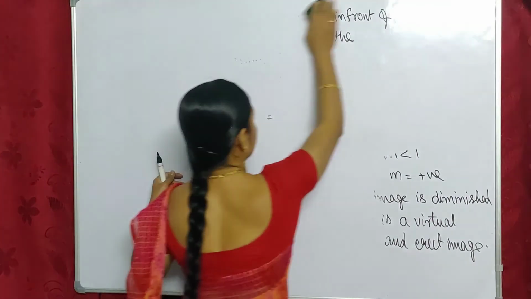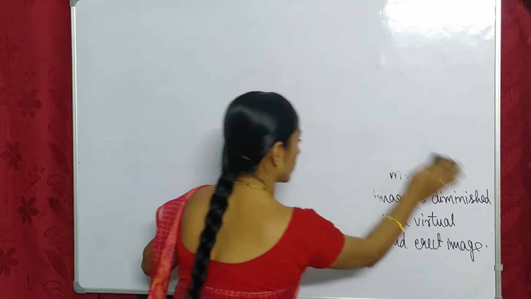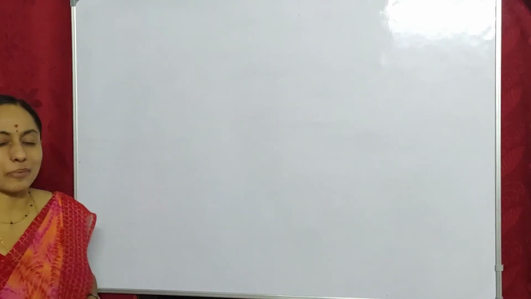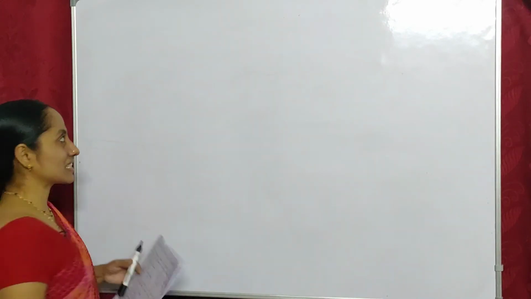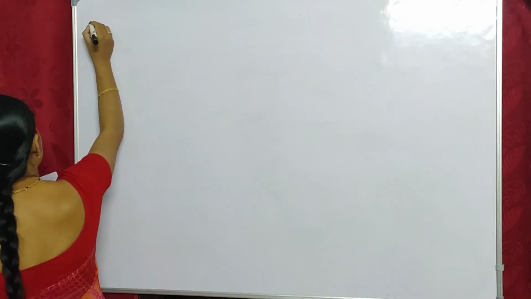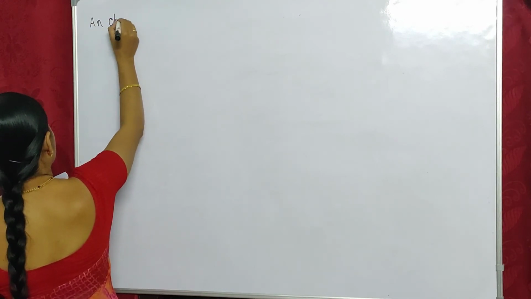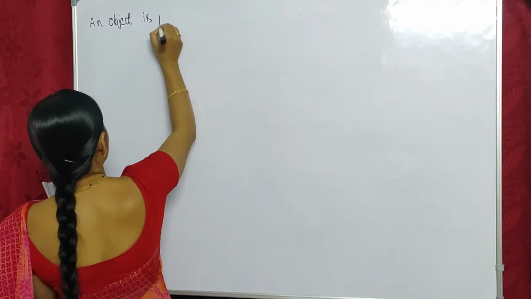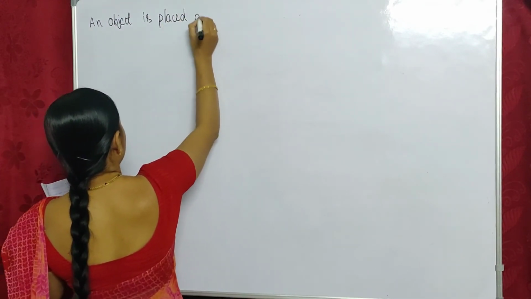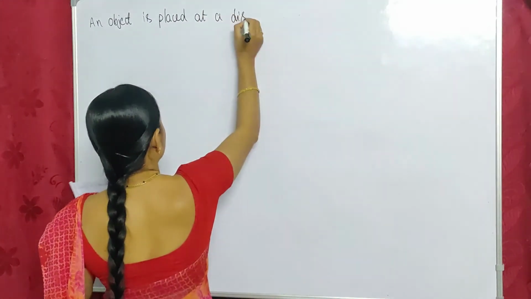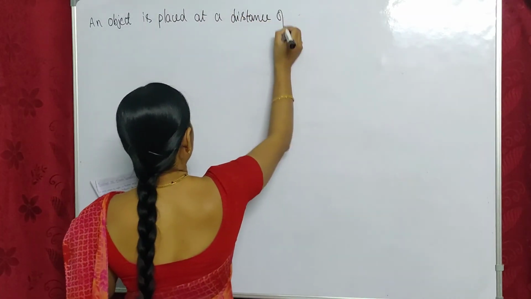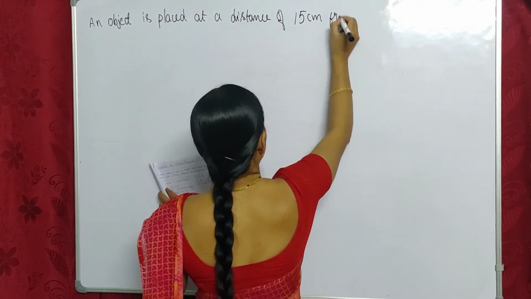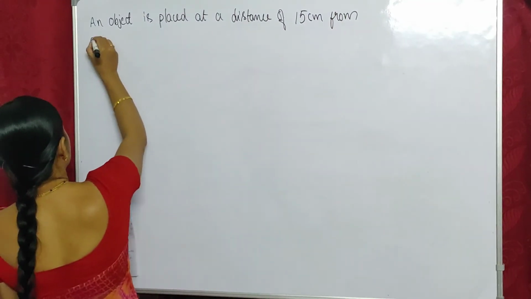Now let us solve one more problem. Is it easy or not? Problems are very easy in case of spherical mirrors because we know the problem solving techniques. Let us write one more problem. An object is placed at a distance of 15 centimeters from a concave mirror.